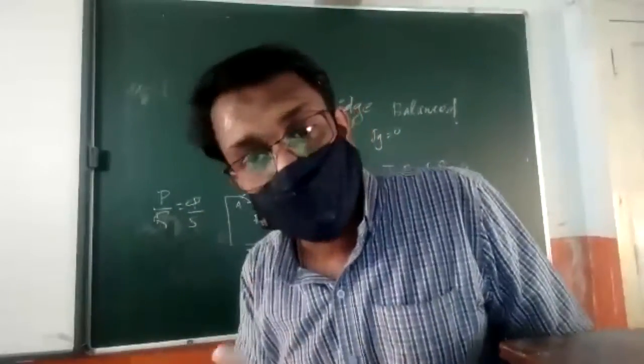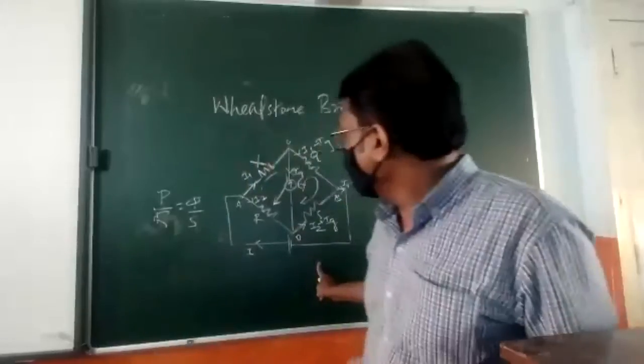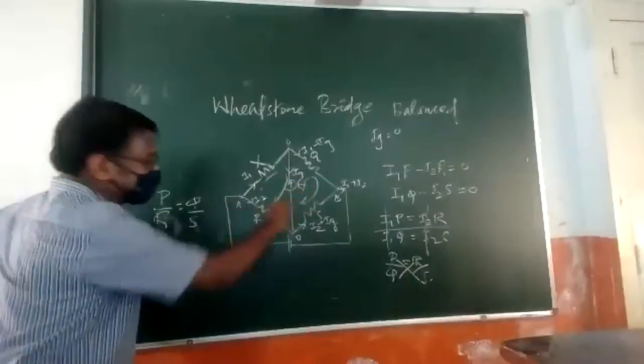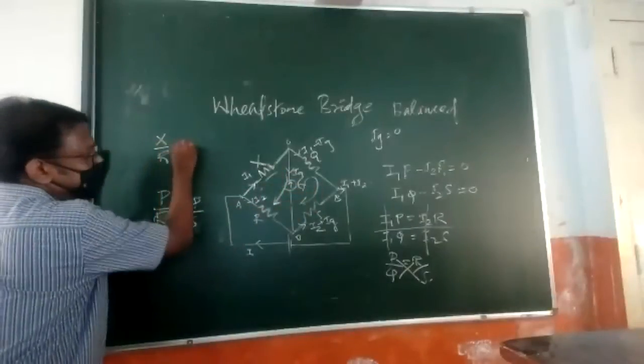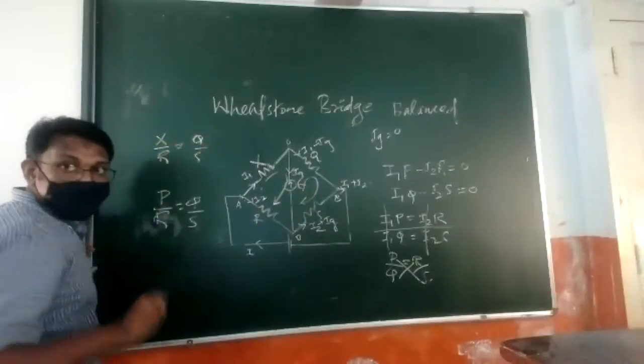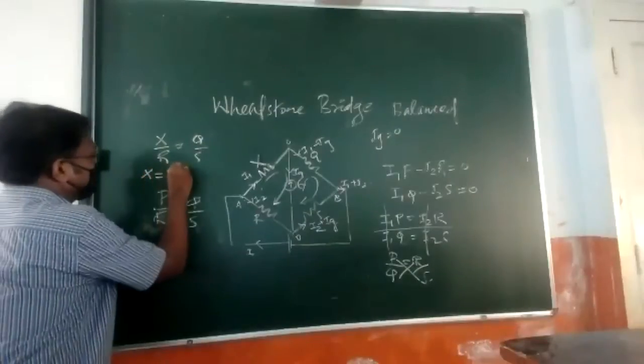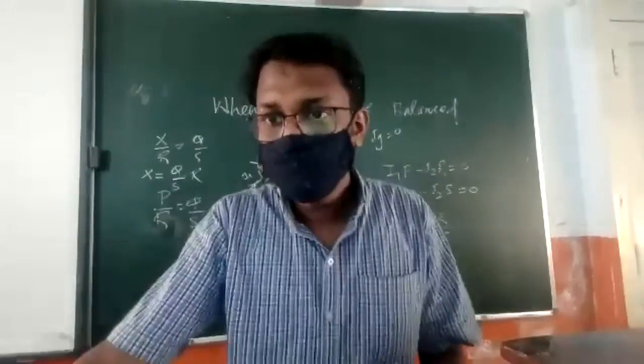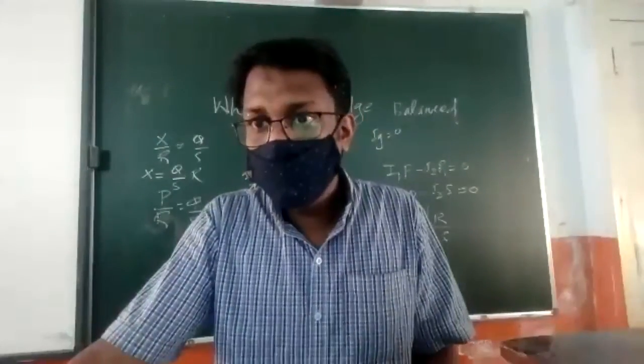If there is no current in the galvanometer, then we can have an equation with the ratio of resistance on either side: X by R is equal to Q by S. So X can be easily calculated as Q by S into R. Okay.